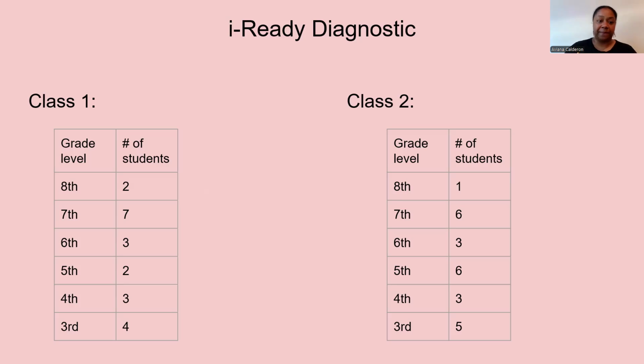So for class 1, I had 2 students test on 8th grade, 7 students test in 7th grade, 3 students test in 6th grade, 2 students test in 5th, 3 students test for 4th, and 4 students test in 3rd grade.